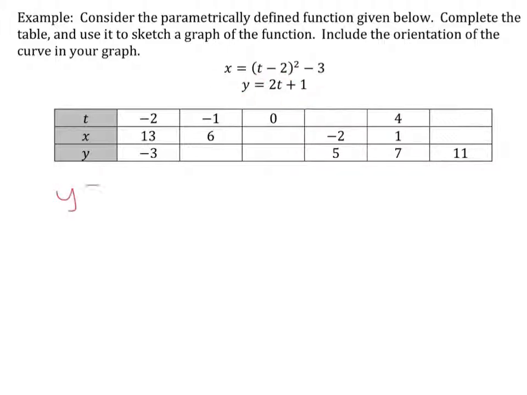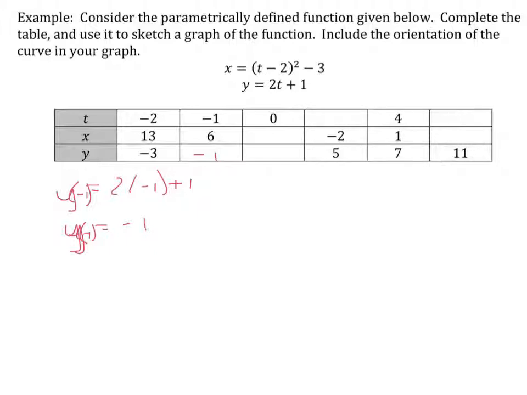So if I just do y equals 2 times -1 plus 1, that'll be -1, so I get -1. Keep in mind, over here for notation, I could have said y of -1, just to make that more clear. Sorry for the jumbled writing there. We could write y of -1 to indicate, hey, I evaluated at -1.